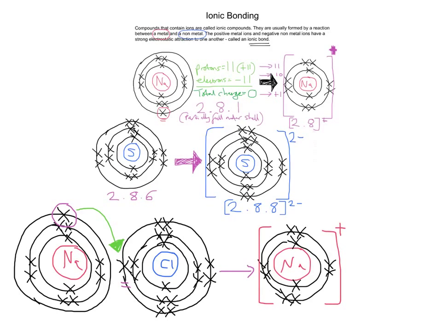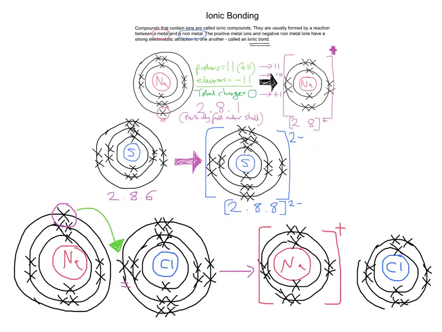And next to that, we can have our chlorine that has 2, 8, and now a full outer shell of 8 electrons.